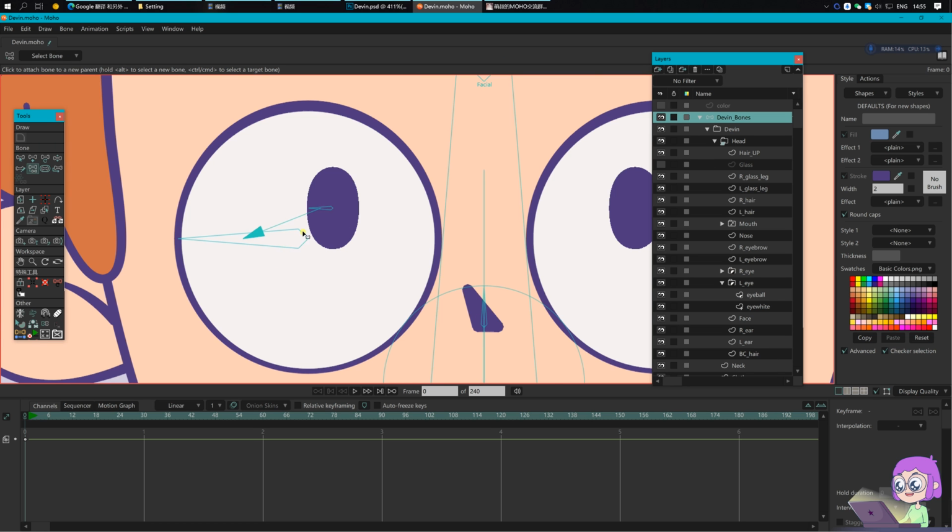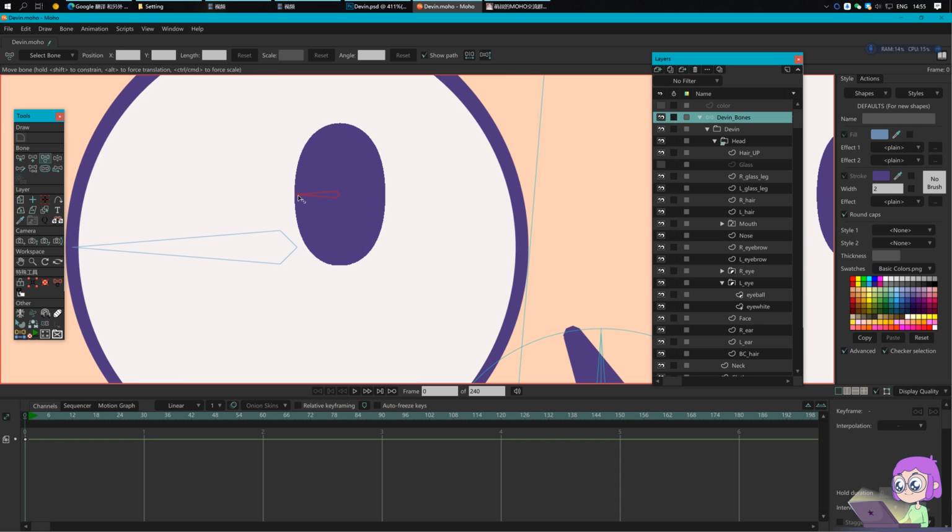The parent of the eyeball bone is the eye white bone.